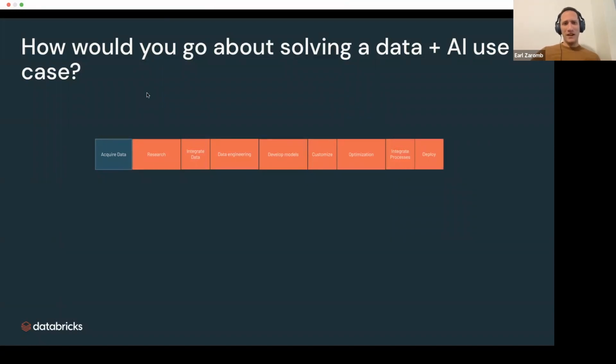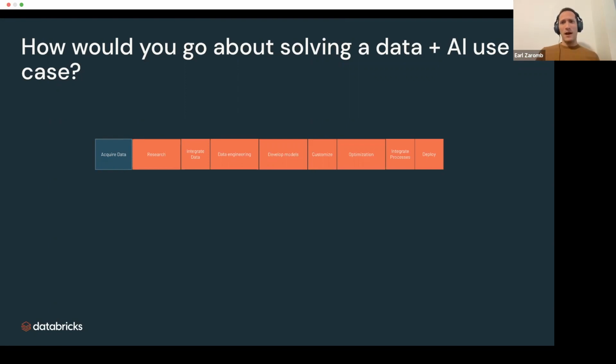Then you have to bring all that data together. And then probably the most time-consuming step is the data engineering aspect, which is trying to transform and mold the data into the right format needed for addressing this particular type of problem, and also doing it in such a way that it can be scalable and repeatable and implemented in a production manner.